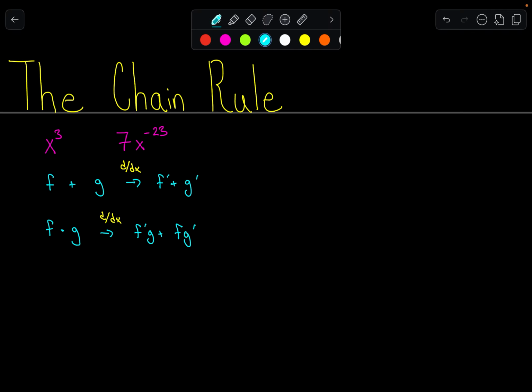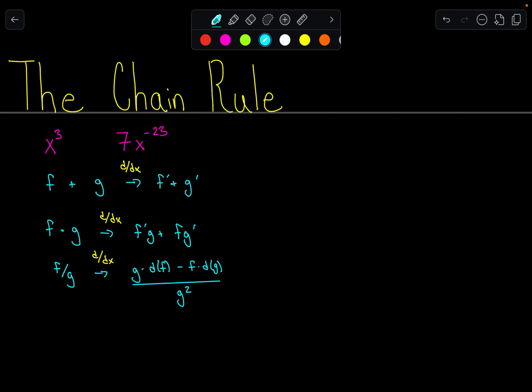And then the last one that we covered was the quotient rule. If we have the quotient of two functions and I take this derivative, we use low d high minus high d low, all over low low. So it's going to be low d high, so g times the derivative of f, minus high d low, all over low low, in this case g squared.